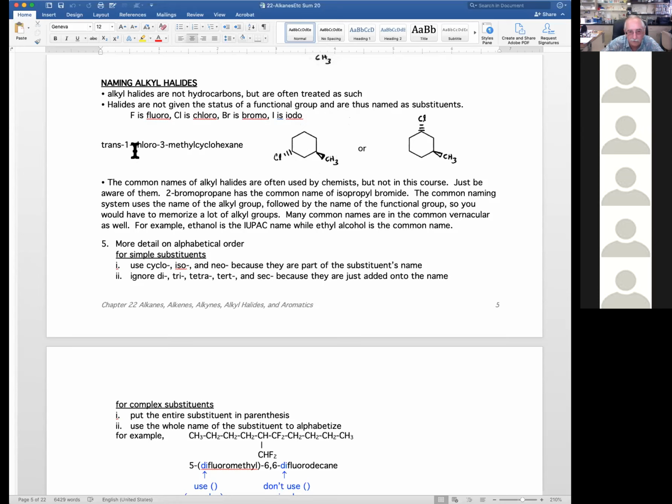So chloro comes alphabetically before methyl. And the numbering system is 1, 2, 3, or 1, 2, 3, 4, 5. 1, 3 versus 1, 5, so I'll go with the 1, 3. Then it makes sense to put the 1 first, right? 1, 3 instead of 3, 1. You can see that these are opposite to each other, so it's trans.